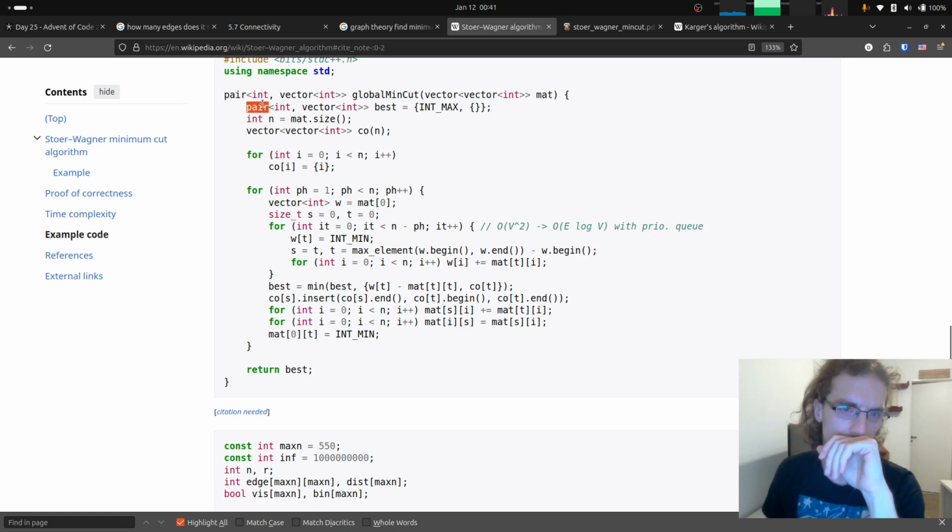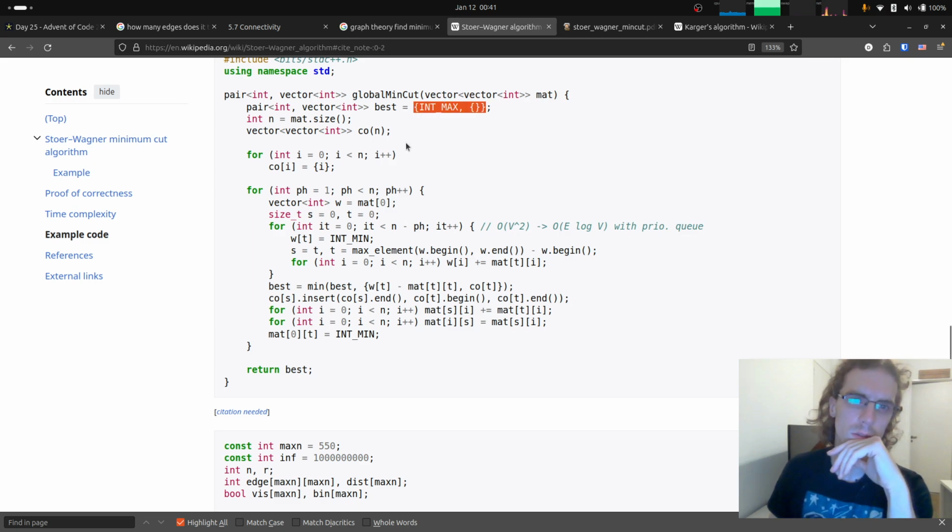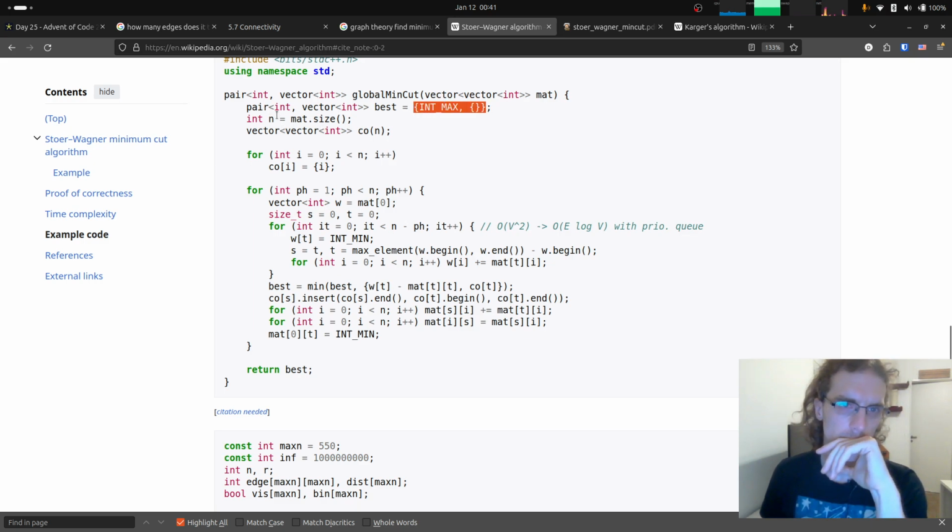Yes, and it starts with this best, which is just, okay, like the default return value. Cool. Beautiful.